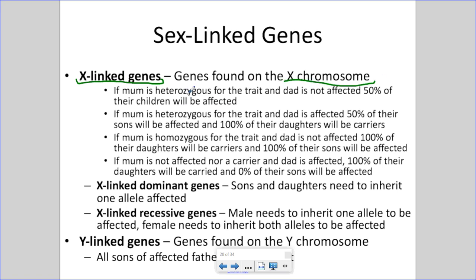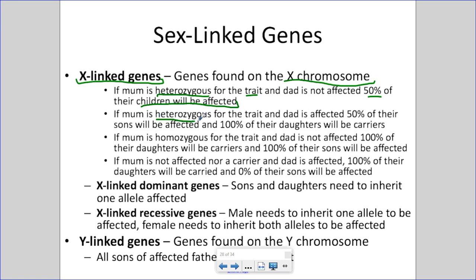There are a number of scenarios that can play out that will determine how children get affected. If mom is heterozygous for a particular trait, so one allele is found on one X chromosome and a different allele on the other, and dad is not affected, 50% of the children will be affected, regardless of male or female.